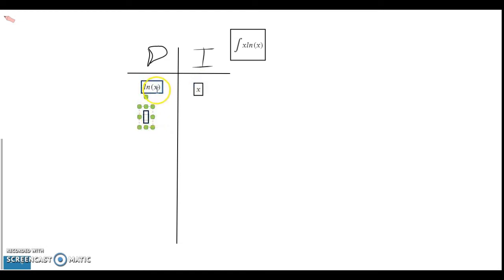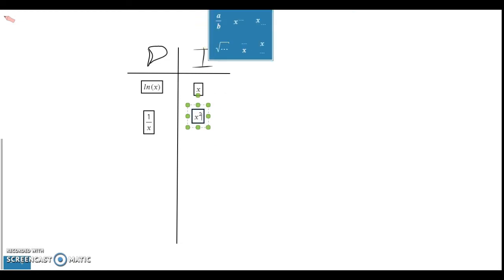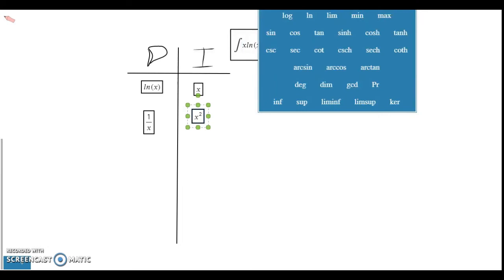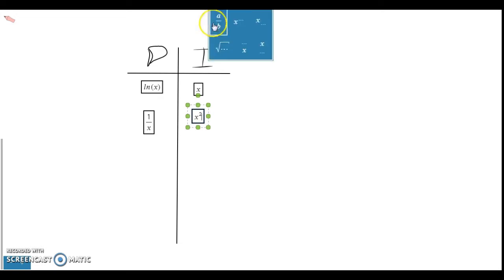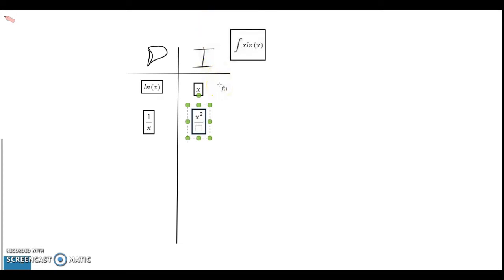So the derivative of natural log x is going to be 1 over x. And the integration of x is just going to be x squared, and then this whole term divided by 2.